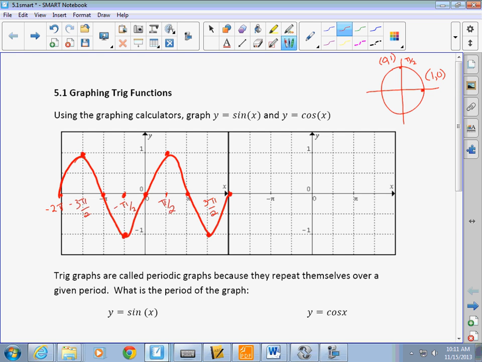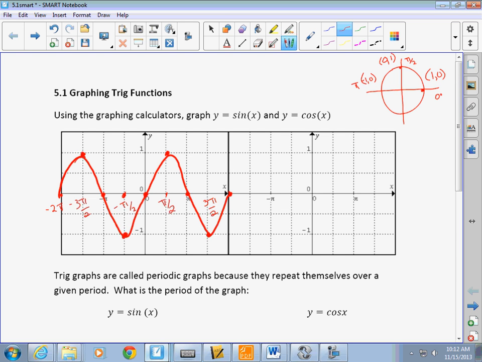Sine x needs to be at 1 at pi over 2, so I'm up here at 1. At 0 degrees, or 0 radians, my sine x should be at 0. Over here at pi, I'm at -1, 0, so my sine x should be 0. At pi, I'm back at 0.